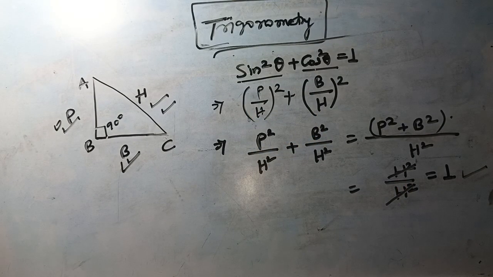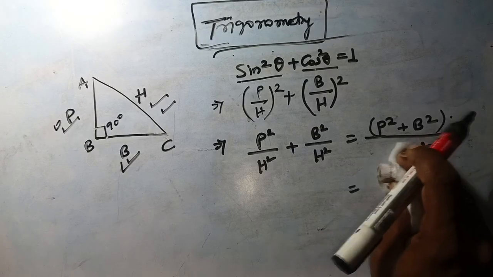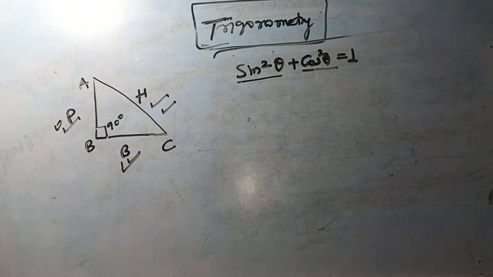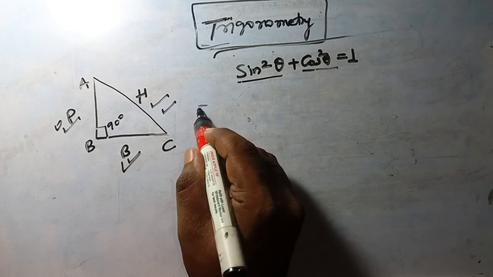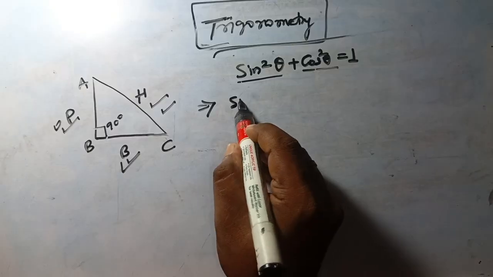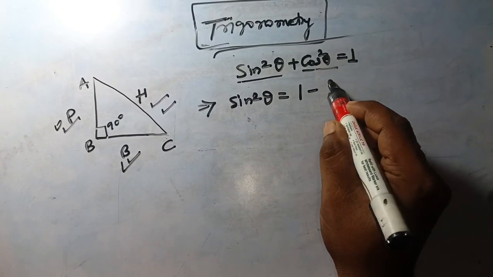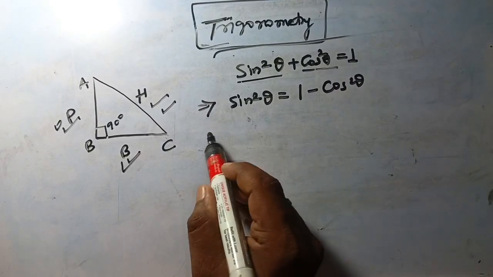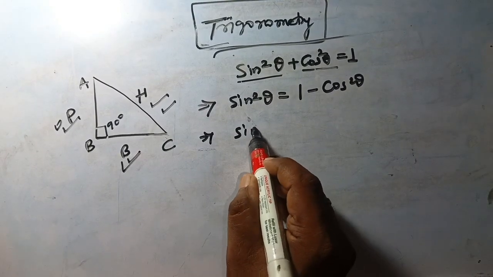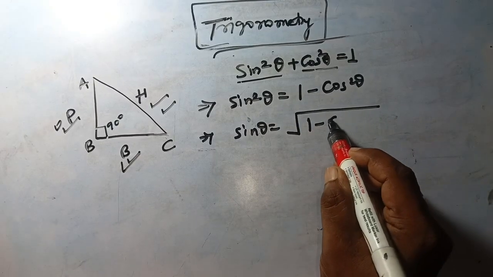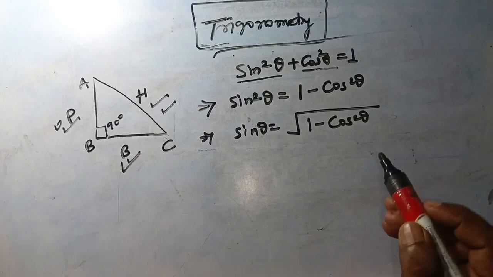Now what can we do from this formula? We can calculate the value of sine theta and cos theta from this formula. How? Let's see. We can say sine square theta is equal to 1 minus cos square theta, and sine theta is equal to root under 1 minus cos square theta.